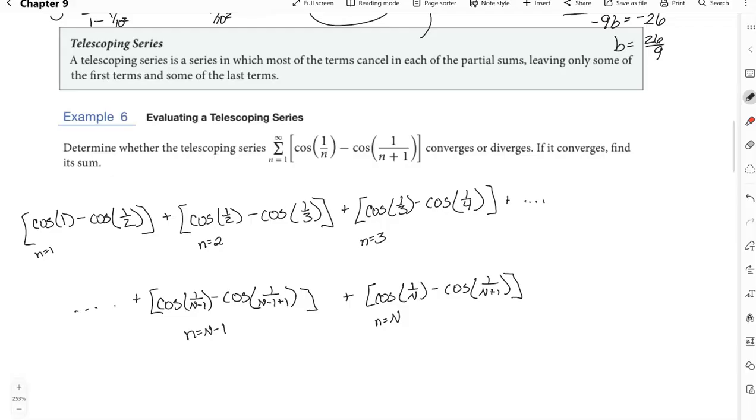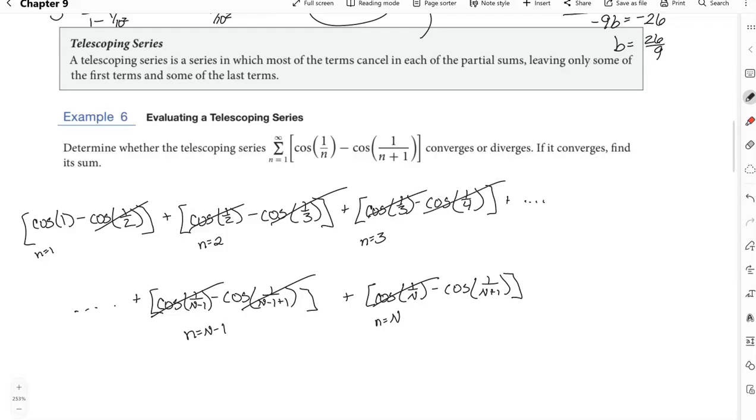And do we see any kind of patterns? We said up front that the cosines of 1/2 are going to cancel, and 1/3 are going to cancel. That means the 1/4 are going to cancel, and so on. And you can see how these are going to cancel. If we were to go back another to n minus 2, we're going to see that cosine of 1 over n minus 1 cancels.